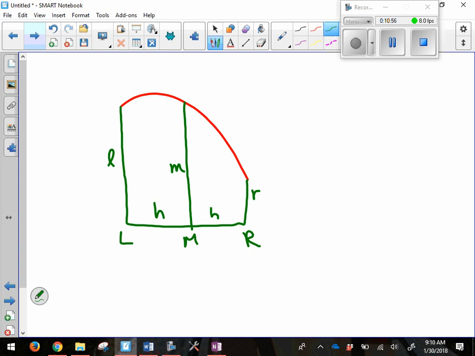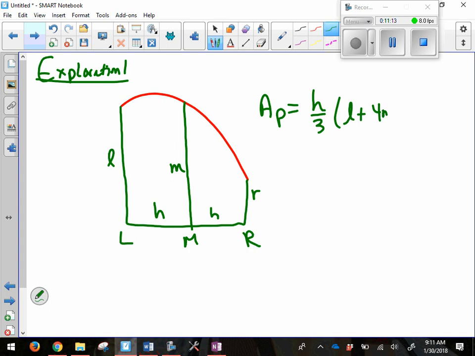So it says that the area of that, so this is exploration 1, the area of that is h over 3 (l plus 4m plus r).